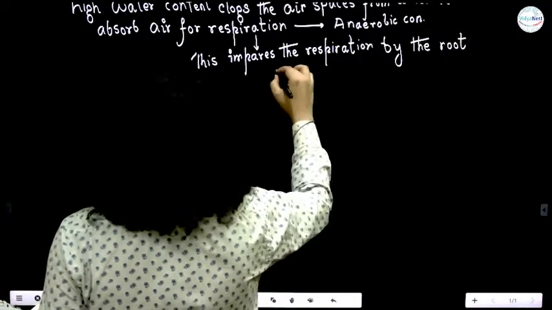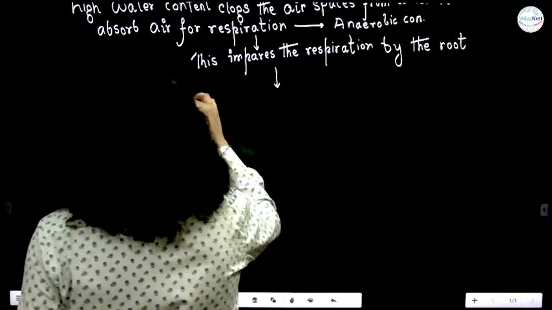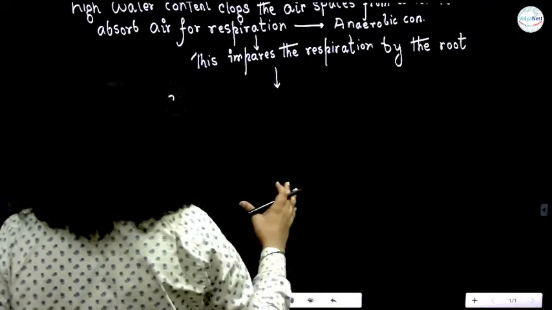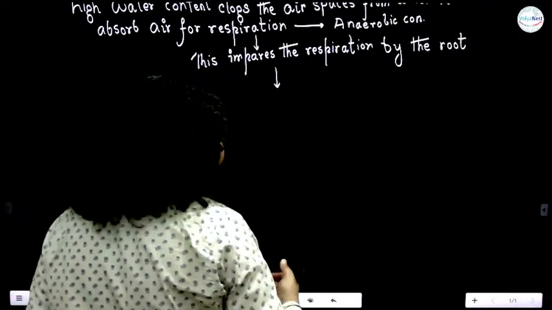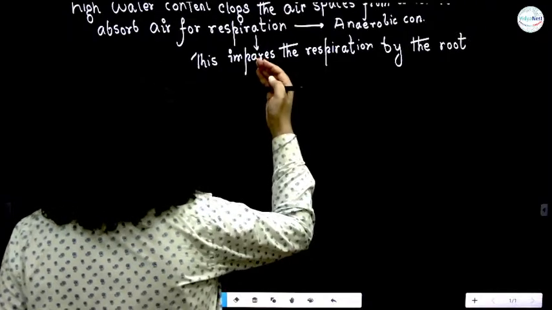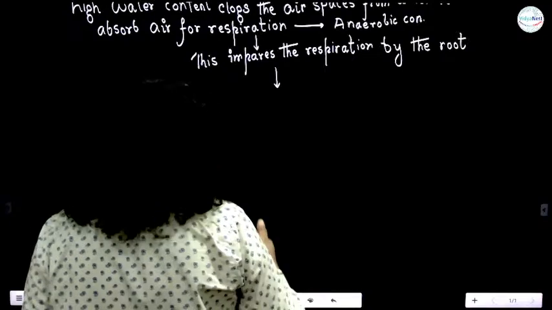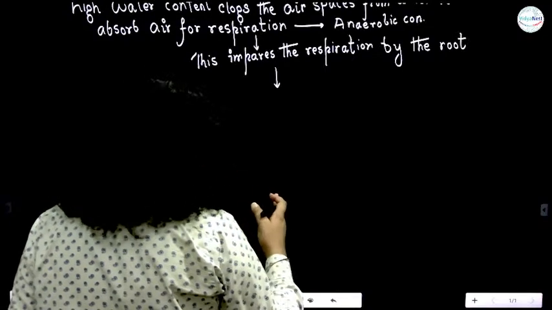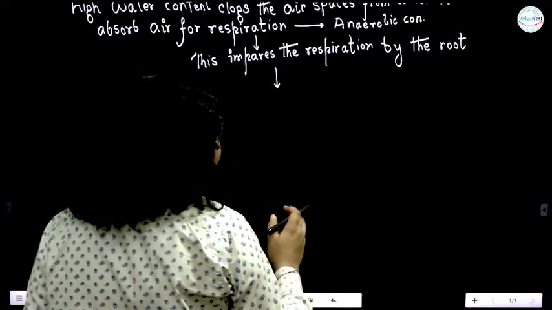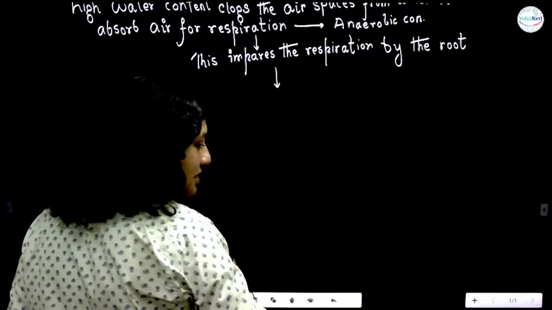To adjust this situation, the secondary root, because the primary root will be involved in attachment and anchorage. If the primary root comes upward, then what will happen to the plant? It will fall down, right? Because the main functions of the root are absorption and anchorage, that is being done here by the primary root.